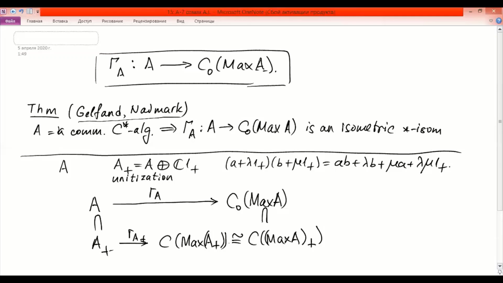So basically, the Gelfand transform of A becomes the restriction of the Gelfand transform of A plus. And so the above general form of the Gelfand-Naimark theorem really follows from the unital case. And probably that's all I wanted to say about the non-unital case. And so this is the end of today's lecture.